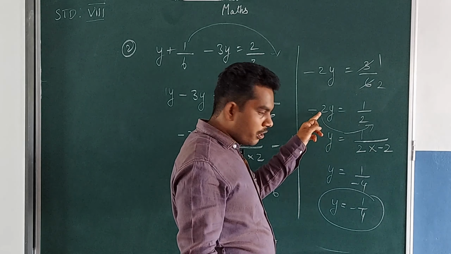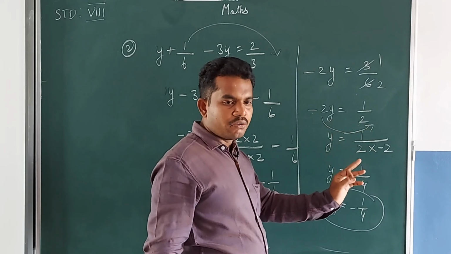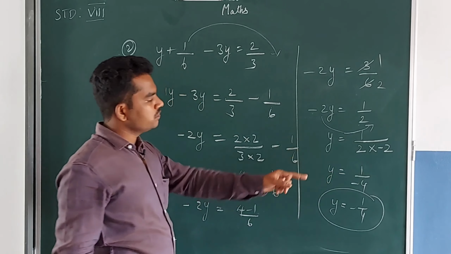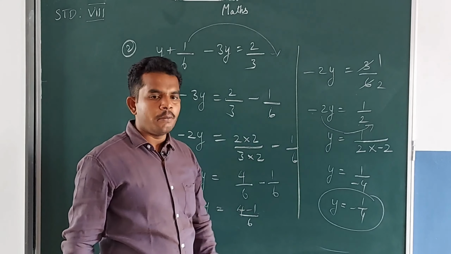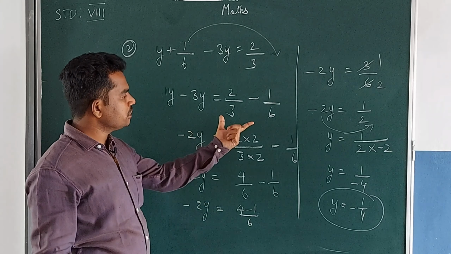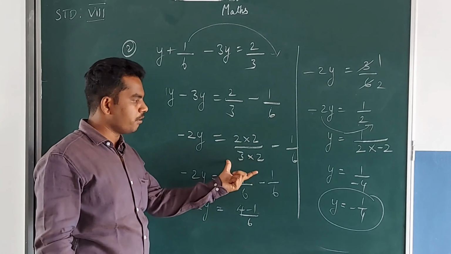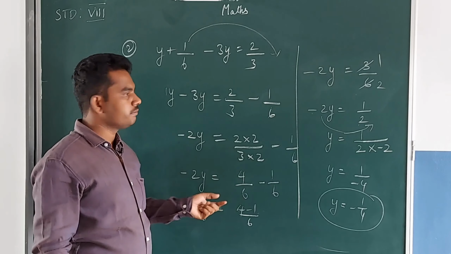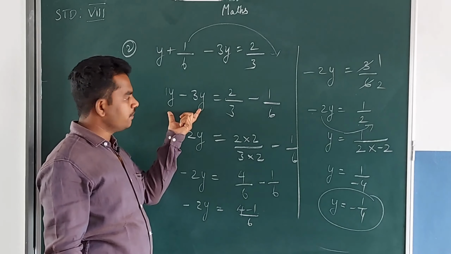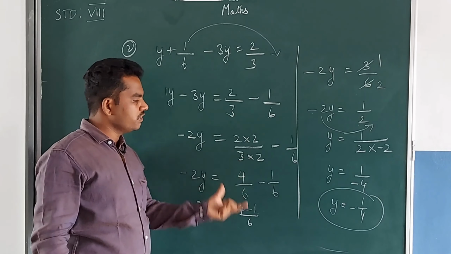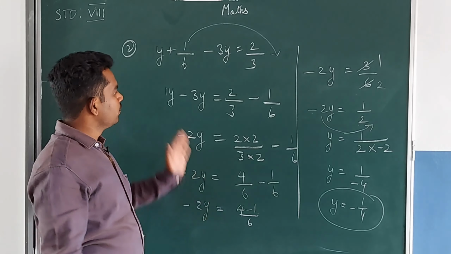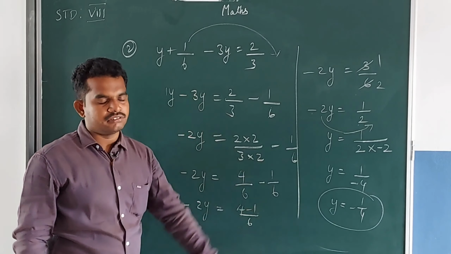It is in the product, so it goes to divide only. Okay, so this is a very very important step. Y equal to minus 1 by 4. For the LCM, you should write using this type of method. Okay, first arrange the like terms, then you simplify, then you will get the answer.